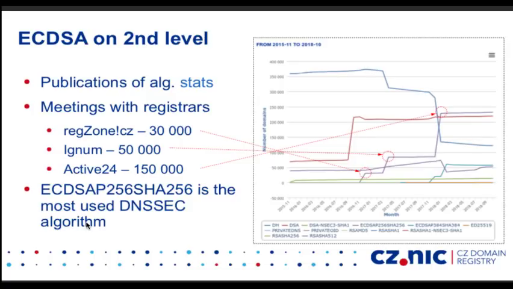In total, elliptic curves have almost half of the signed domains for .cz, and this includes some really high-profile domains that are hosted on these registrars. So at that point in time, it could be seen that we can switch to ECDSA without any fear that somebody will be harmed.